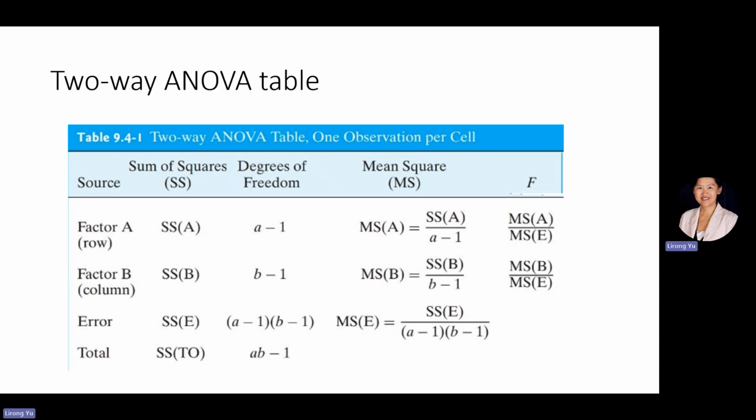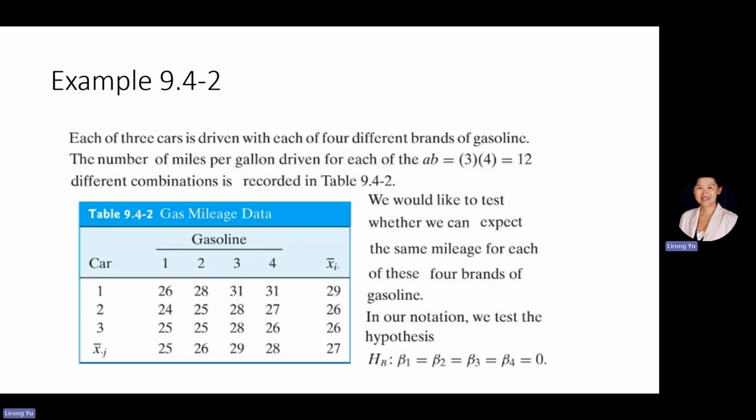Any question? Okay. So let's look at a numerical example. Here we have an example. Each of three cars is driven with each of 4 different brands of gasoline. So we have 3 different cars and 4 different gasolines. Right, so you obviously have to do a lot of running with the cars.